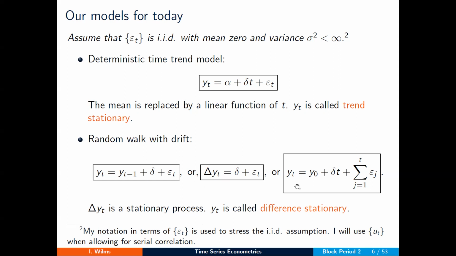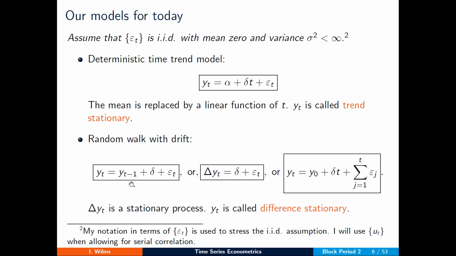Yet another equivalent formulation of our random walk model is given over here, where y_t is expressed in terms of all of the lagged error terms. Now, how do I arrive at this expression? Well, just simply start from the model equation over here and use the trick of recursive substitution.